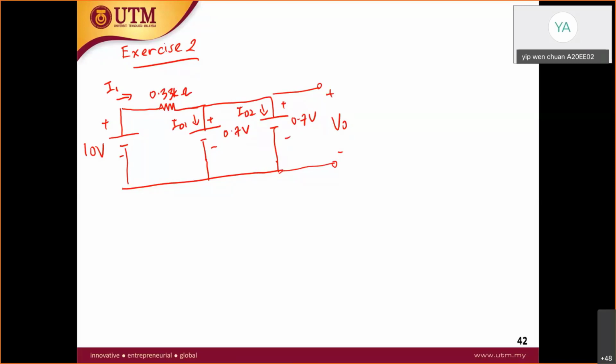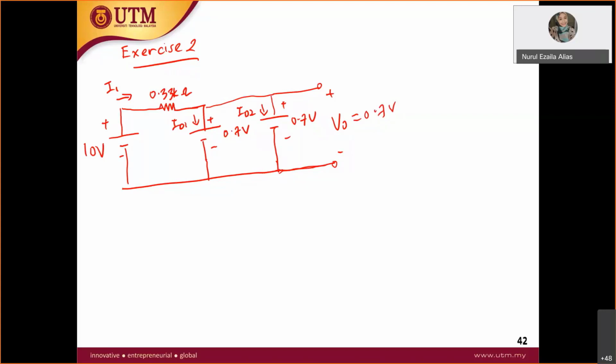This V out is in parallel with this diode. Therefore, the voltage drop across it is 0.7 volt, always, because it is in parallel.